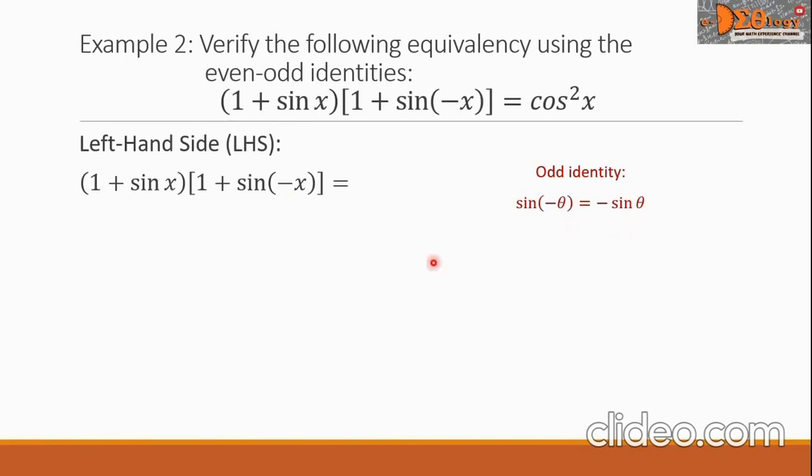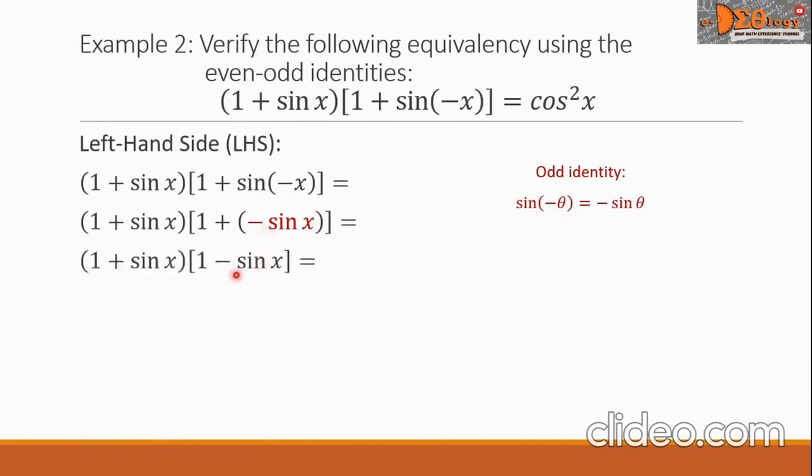Using this idea, I will now simplify this sine negative x. It is now replaced by negative sine x. And to simplify the plus and the minus, I will simply write minus. So the new left-hand side is 1 plus sine x times 1 minus sine x.